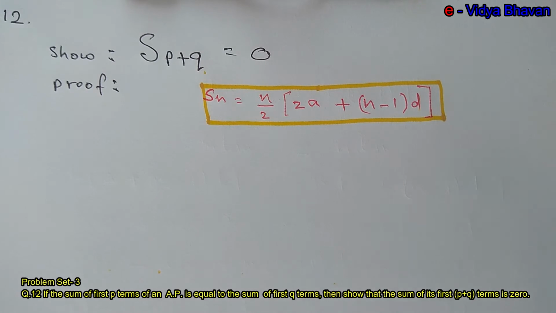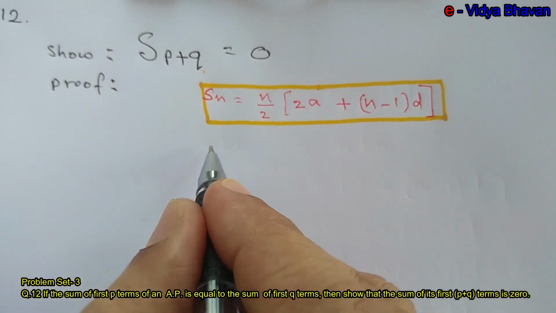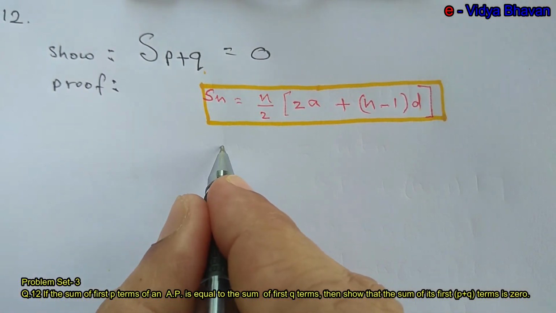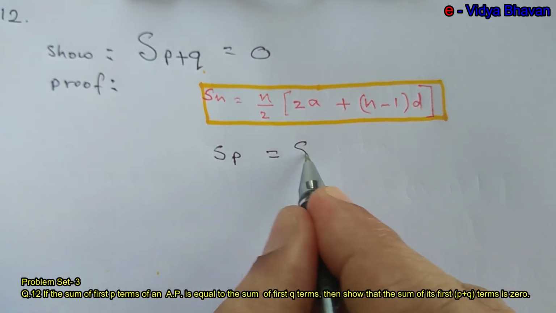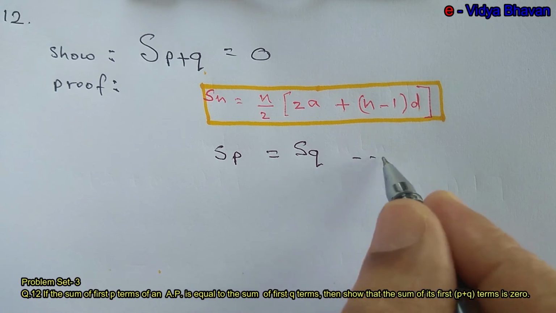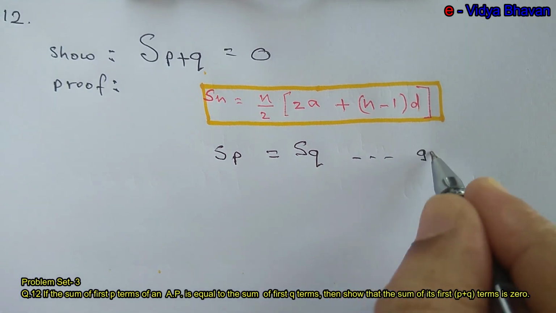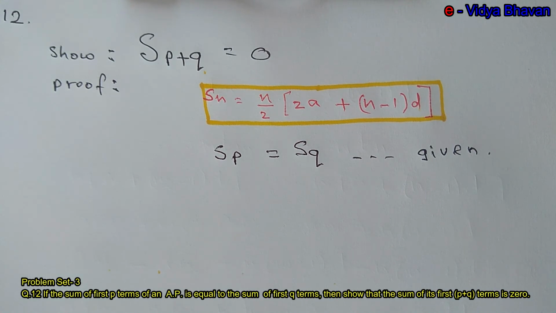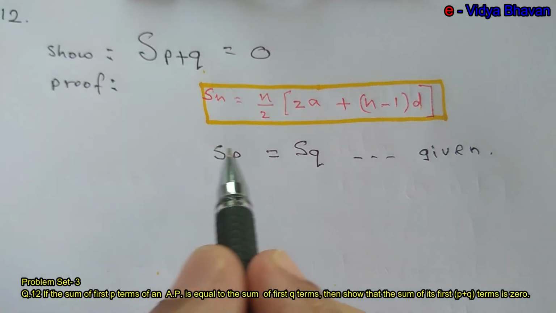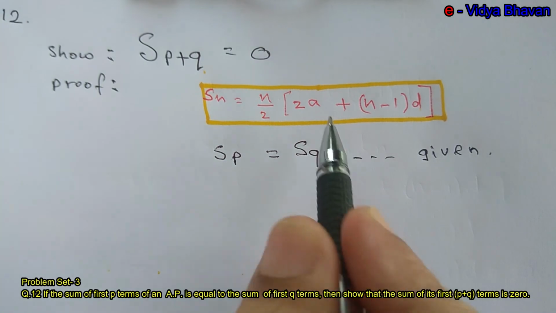Now they have given us sum of P terms, Sp, equal to sum of Q terms, Sq, are equal. Now let us substitute the value of Sp in the formula and Sq in the formula.